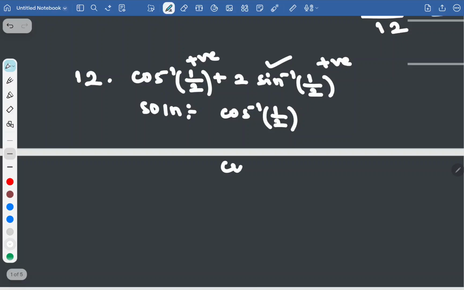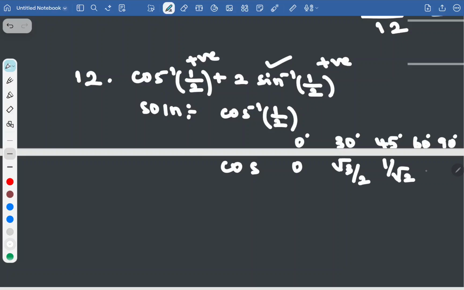Again, from the trigonometry table, cos 0 degree, 30 degree, 45 degree, 60 degree, 90 degree: cos 0 is 1, not 0, cos 30 is root 3 by 2, cos 45 is 1 by root 2, cos 60 is 1 by 2, cos 90 is 0.